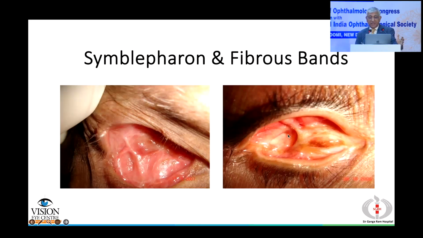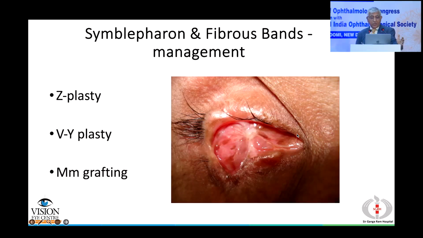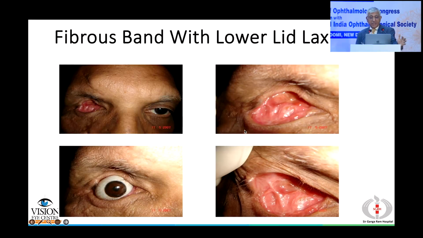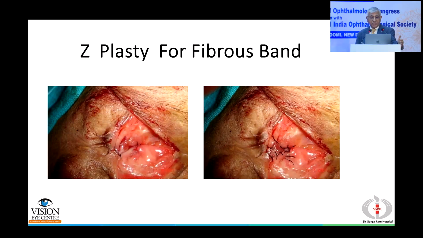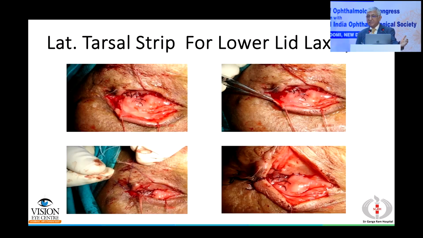You may have these kinds of fibrous bands, and they all need to be tackled. If there are localized bands without too much surface problem, you can deal with them by various techniques such as Z-plasties, as we have done here, so that this fibrous band does not dent our superior fornix. This was combined with a lateral tarsal strip for tightening.